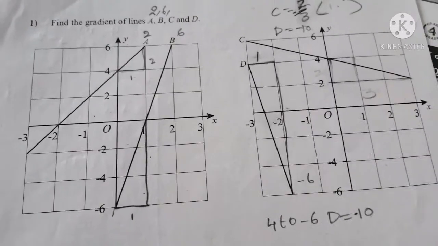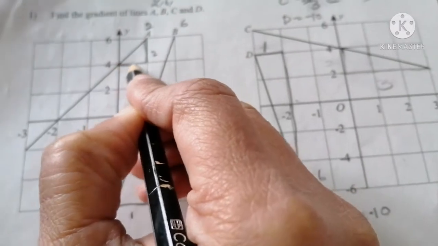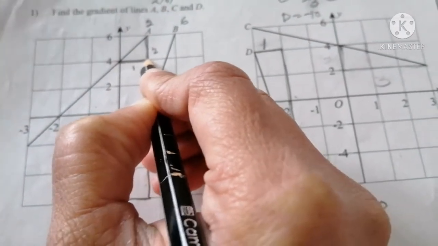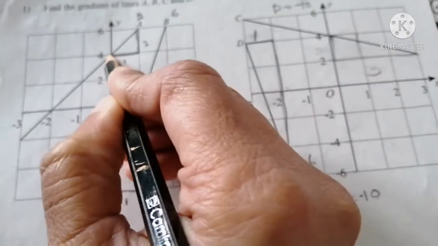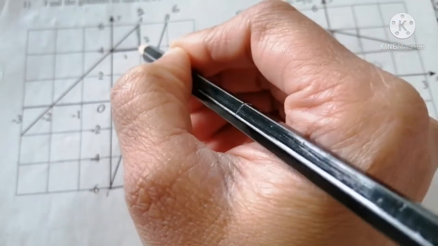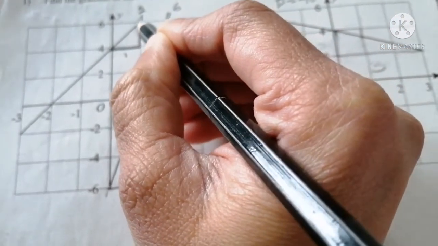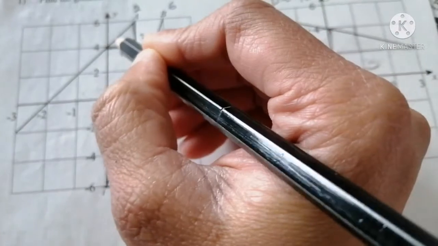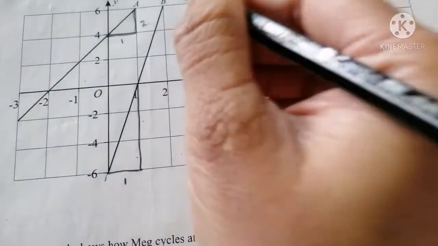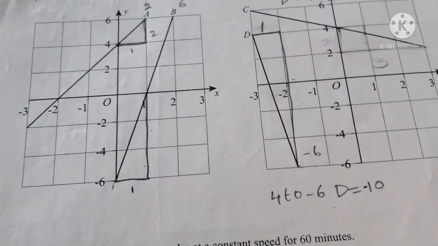Just find a gradient. Always form a triangle. Always draw a line, go just one column and then form a triangle. So 4 to 6, it is 2. So A equal to 2.